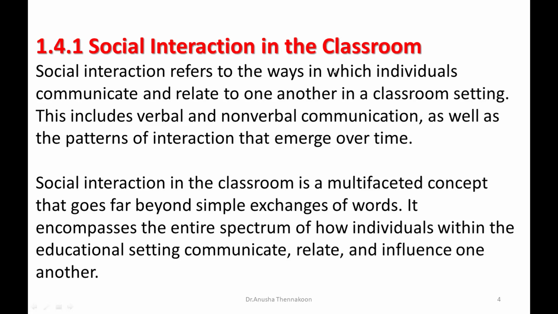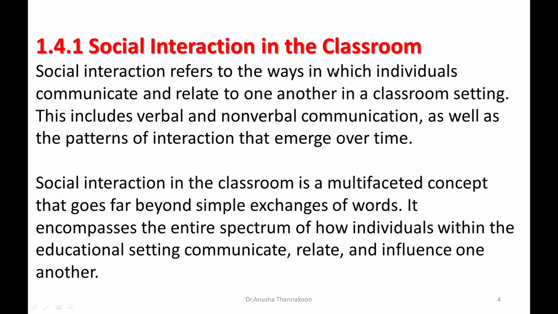When we think about social interactions in the classroom, it's a multifaceted concept. Multi means many. There are many aspects and concepts attached to social interactions in the classroom. So it's not simple. It's not just talking or exchanging words. It has a huge meaning.